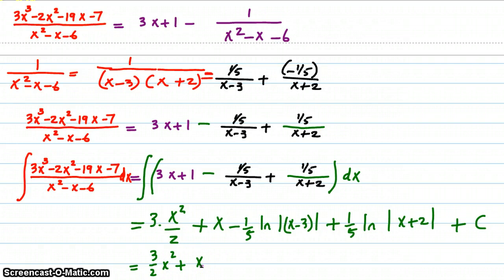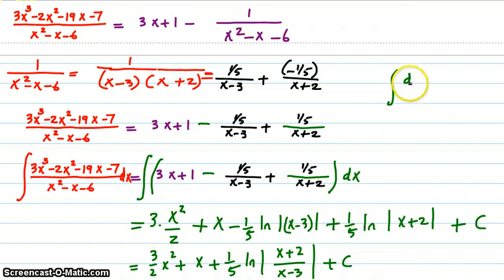I can actually say 1/5 ln of x plus 2 over x minus 3 plus C. Remember, the integral of dx over x is equal to natural log of absolute value of x.